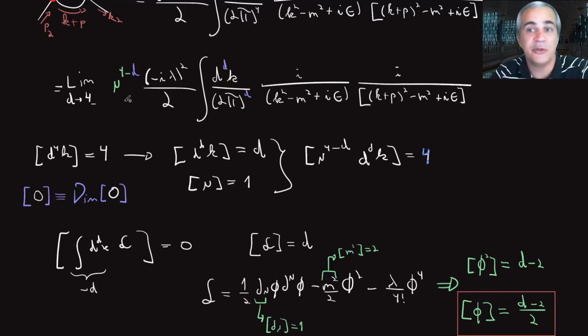I can decide to use this arbitrary scale as part of my renormalization conditions if I want to. We actually do this eventually. But be careful to not confuse this scale with something that you should take to the UV, to infinity, because that's not it, right? The regulator here is really the number of dimensions, d, which will be taken to 4 at the end. So don't be confused by mu.